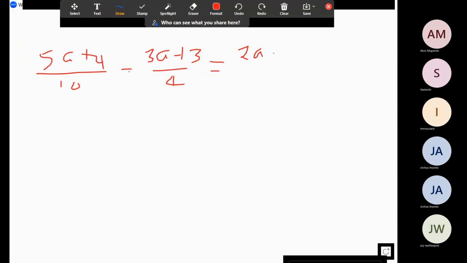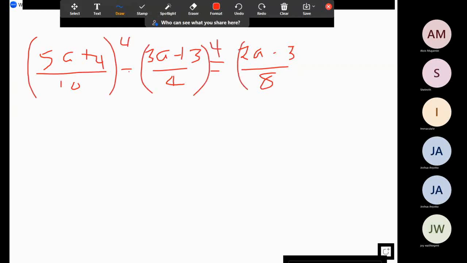Good. And we were at the stage that we were to identify the LCM. LCM was 40, so we had done the 40, 40, and 40.